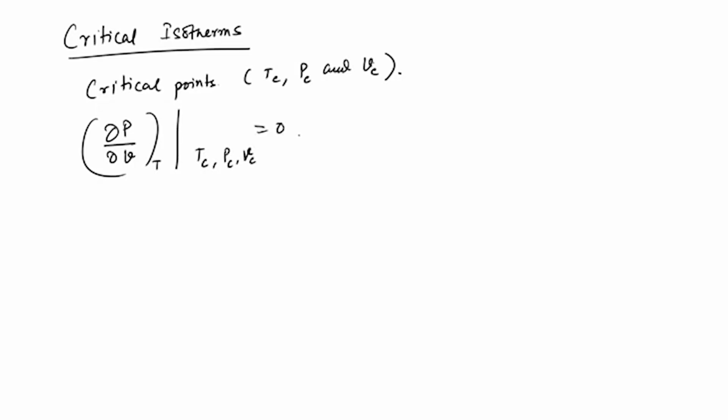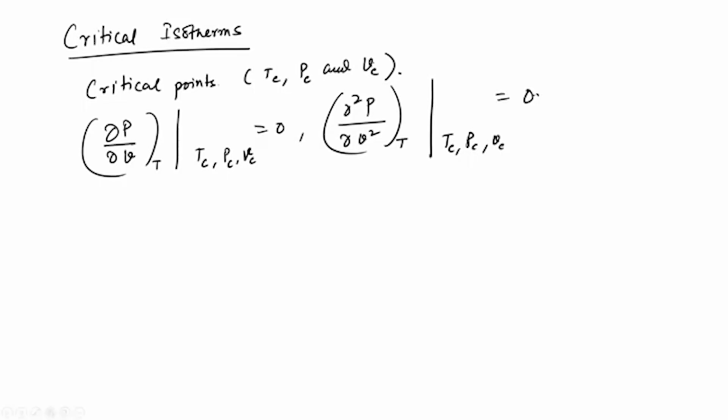And also the double derivative vanishes as well. So, del square P del V square, again at a given T and at Tc, Pc and Vc, is equal to 0 as well.